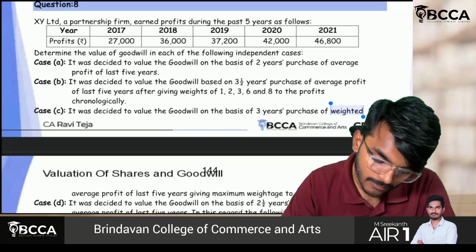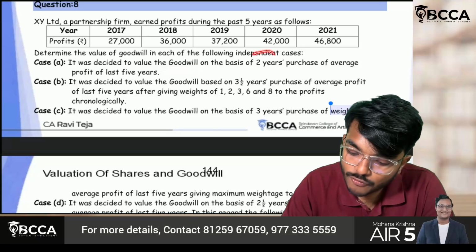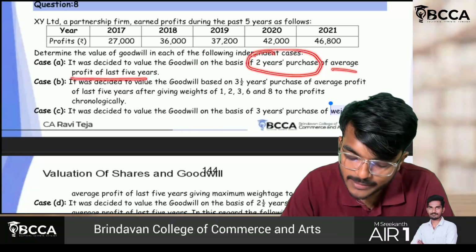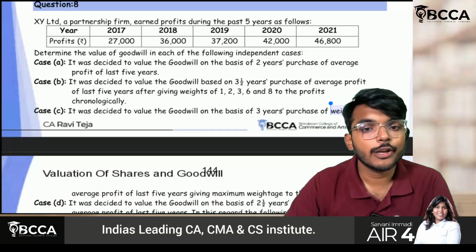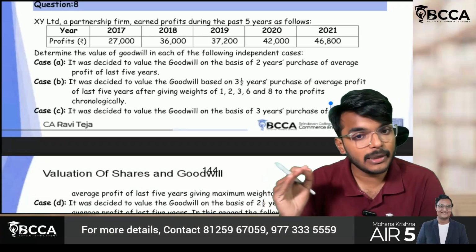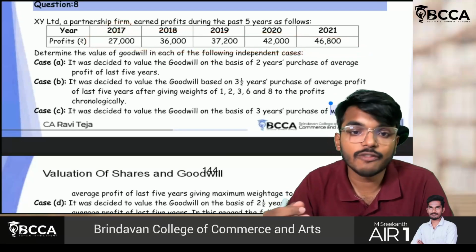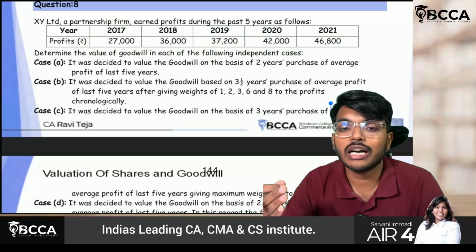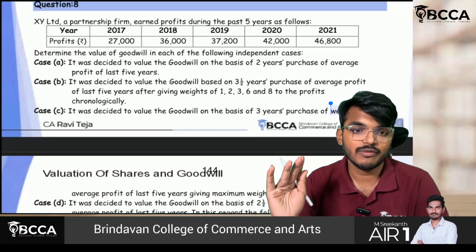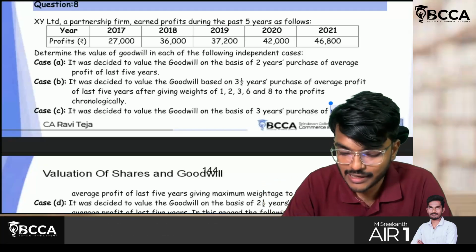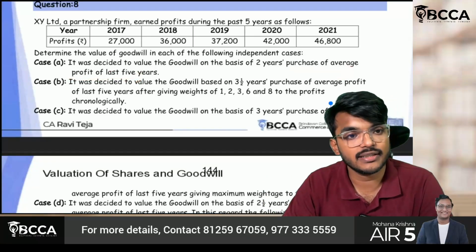The first one is case A. It was decided to value the goodwill on the basis of 2 years purchase of average profit of last 5 years. Normally, you have to calculate future maintainable profits by taking the average of past profits, and of course do some adjustments. But in case A, there are no adjustments given in the question. Simply they are asking you to calculate 2 years purchase of average profit of last 5 years.